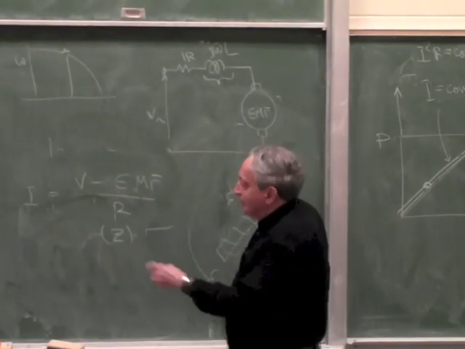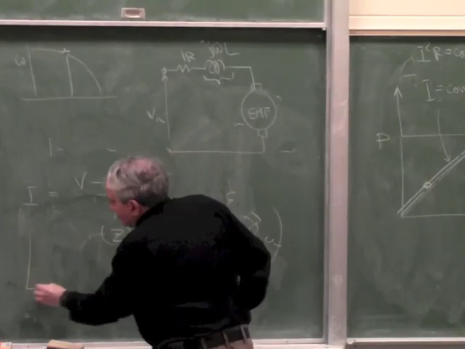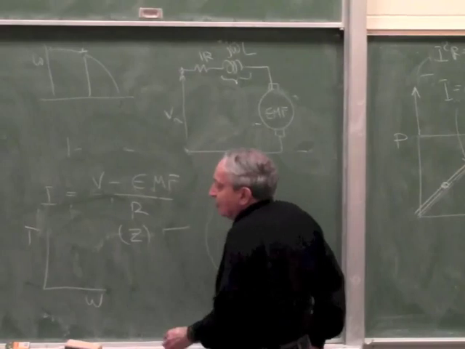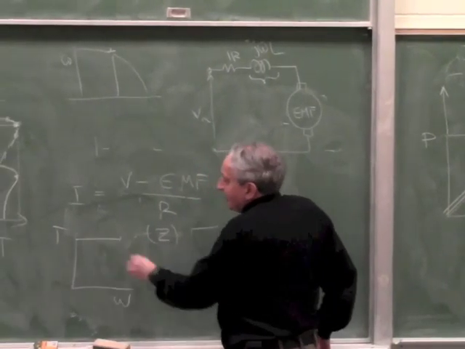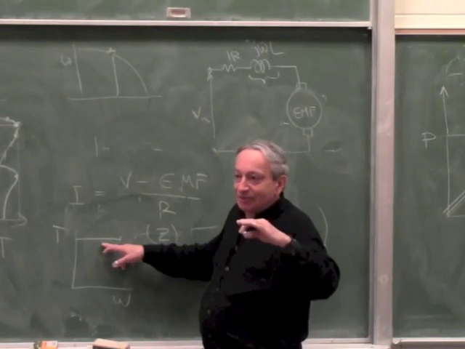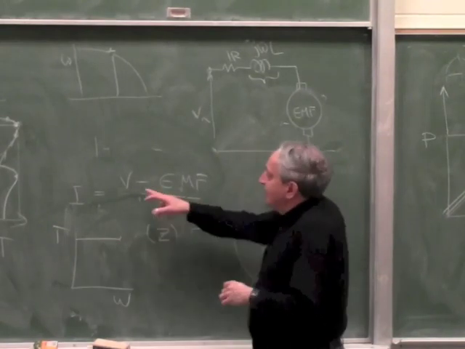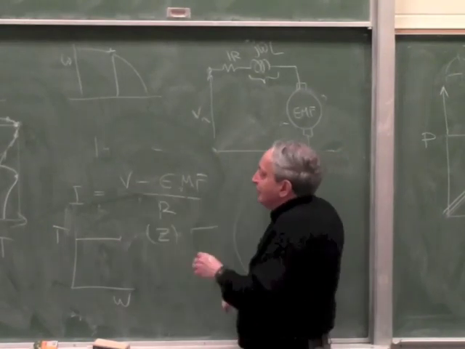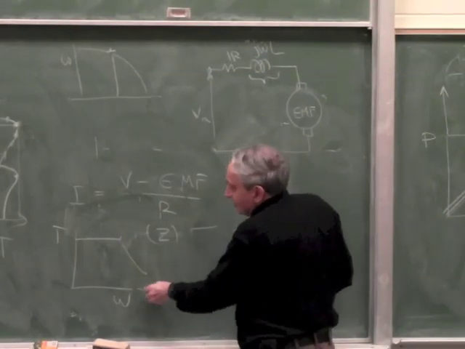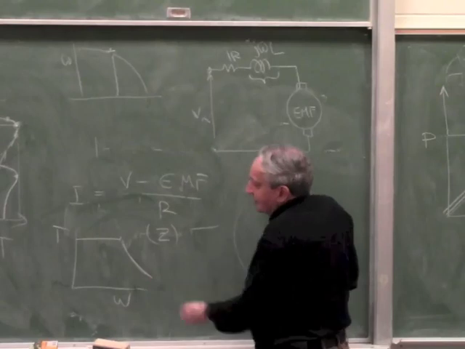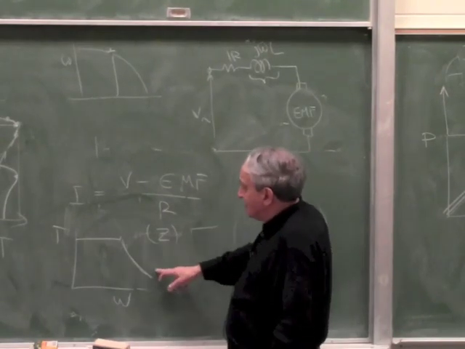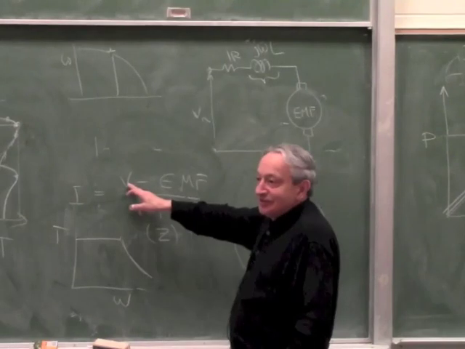Okay? So let me just draw under this a torque. This was power. What I drew here is power. Let's just draw torque versus omega. So up to a certain omega, torque is constant because I is always running at the maximum. But at some point I can't increase the voltage anymore, and then I get I dropping and I get this. And so this curve is no longer constant I. This curve is actually constant V. Okay?